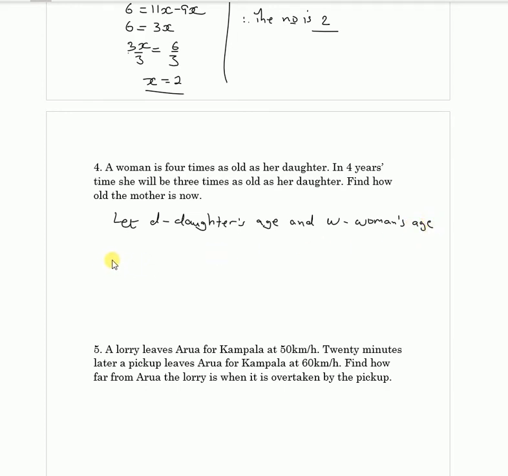So we have that the woman is 4 times, W is equal to 4 times D. That is one equation. You can call that equation number 1.